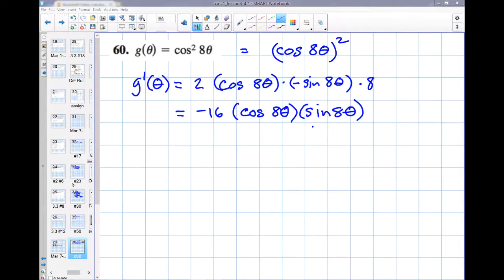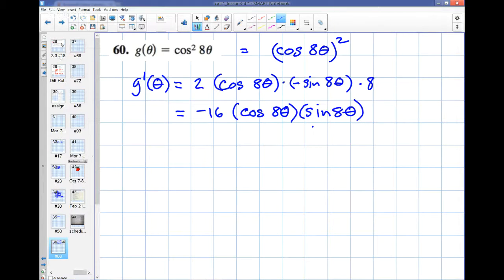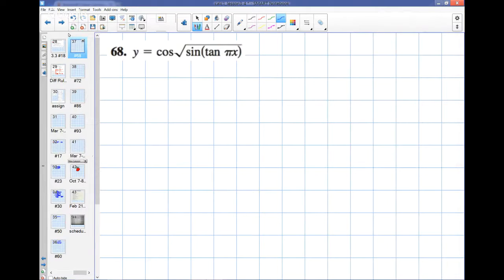Number 68. So another trig. You talk about nesting, this is almost like nesting heaven here. We got nesting going on like crazy. So the first thing I'm going to do is change this to f of x.